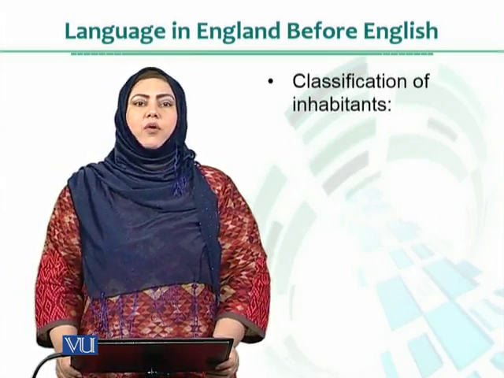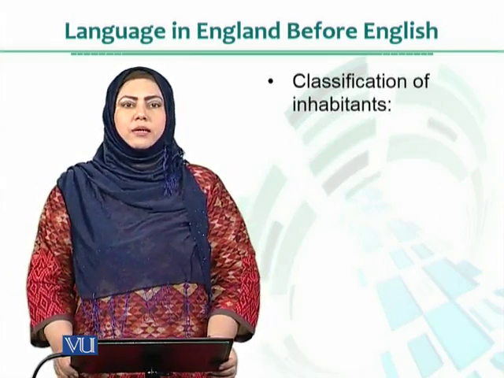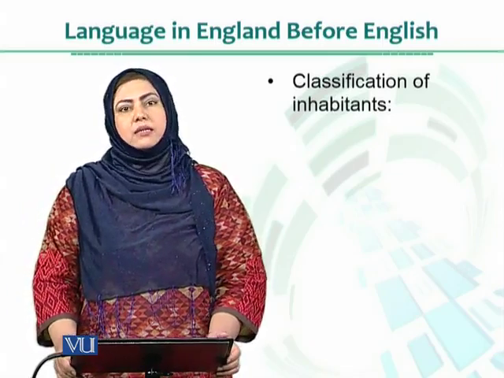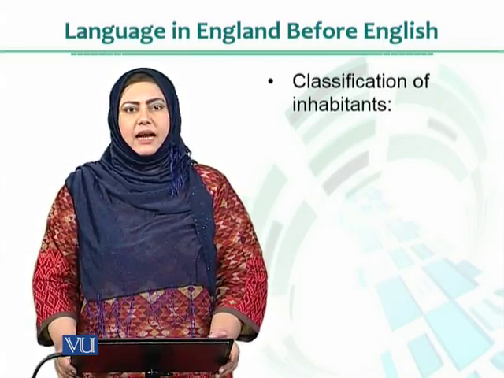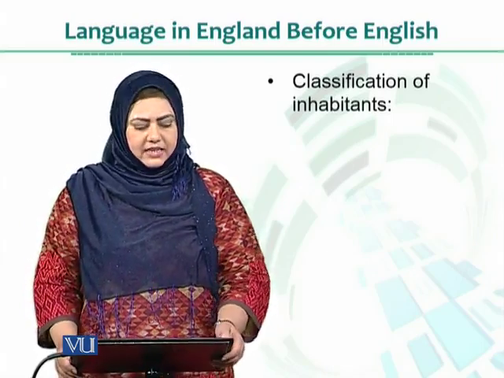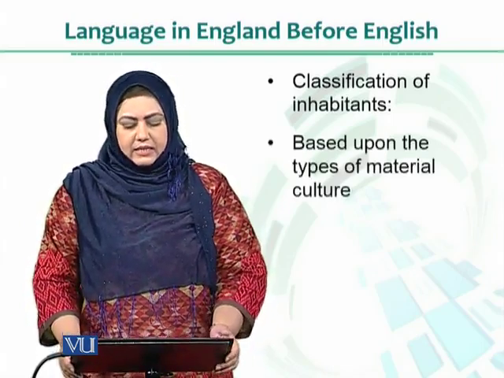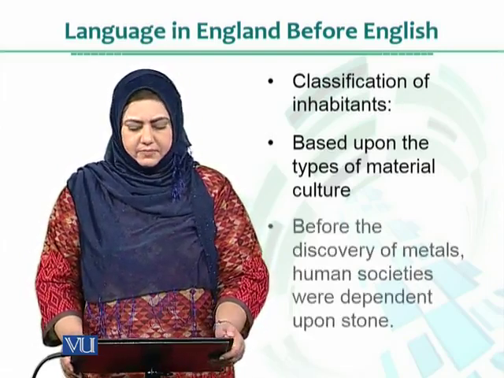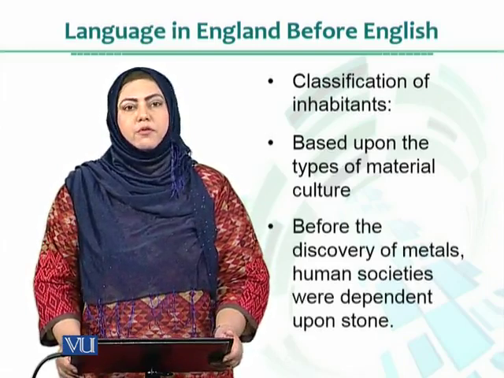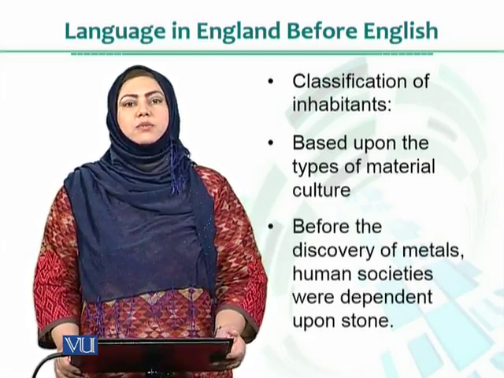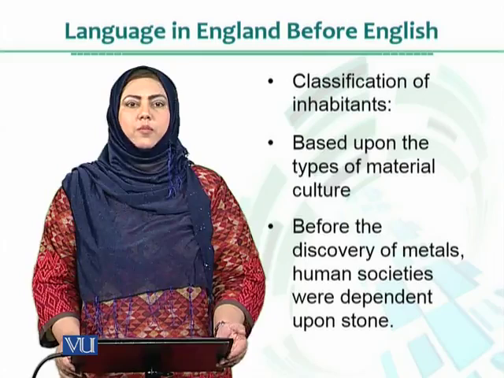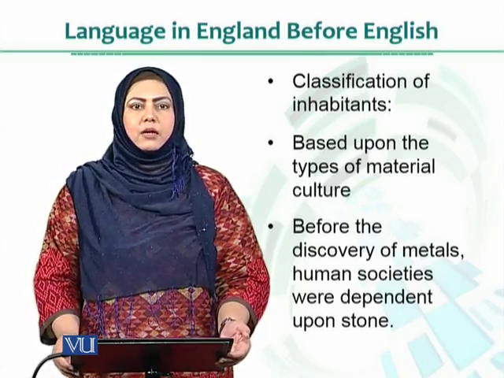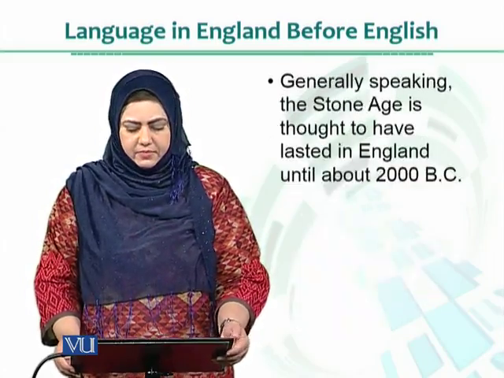To understand what kind of people were living in England before English came here, we need to understand the early inhabitants. The classification of these inhabitants is based on their material culture. Before the discovery of metal, human beings were largely dependent upon stone for making their living and ensuring their survival.